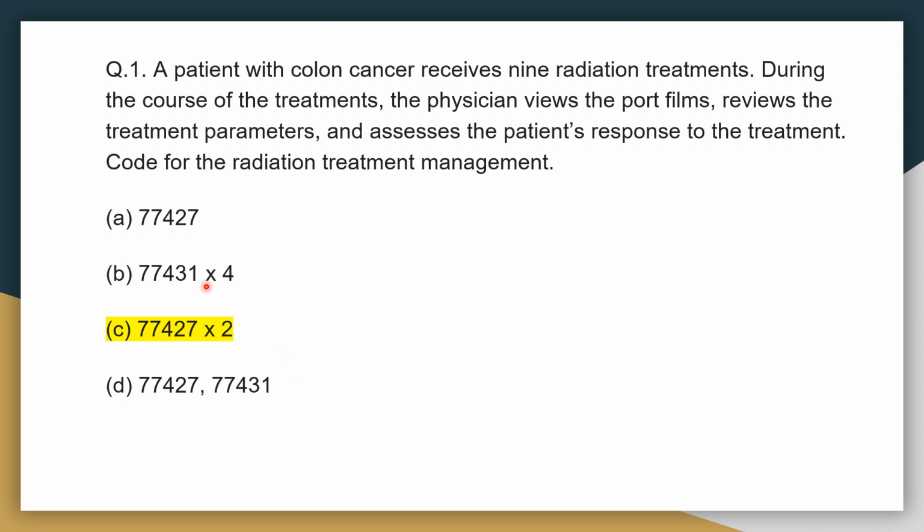So yes, 77427 into 2 is the right answer, because 9 radiations means 5 plus 4. For the first 5, I will write 77427, and the second is an additional 4, and for that I will have to add a unit of 77427 because the mantra is 3 or more than 3. Okay, so that's the correct answer.